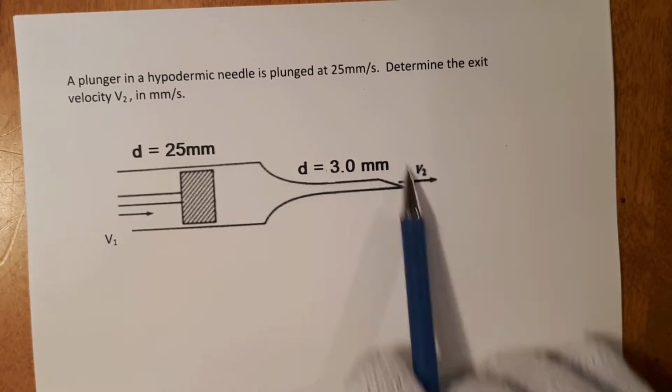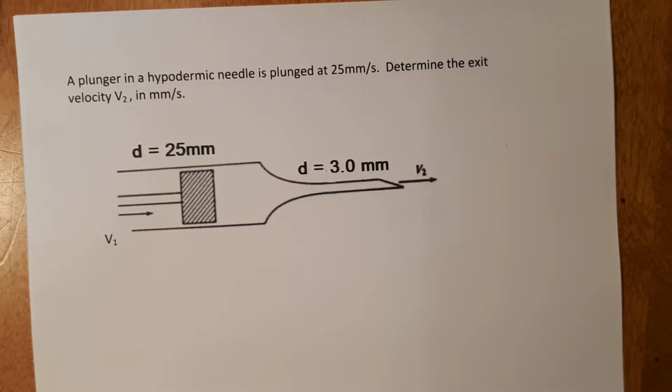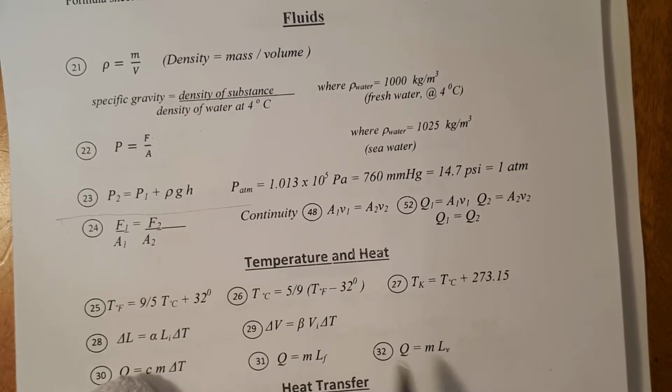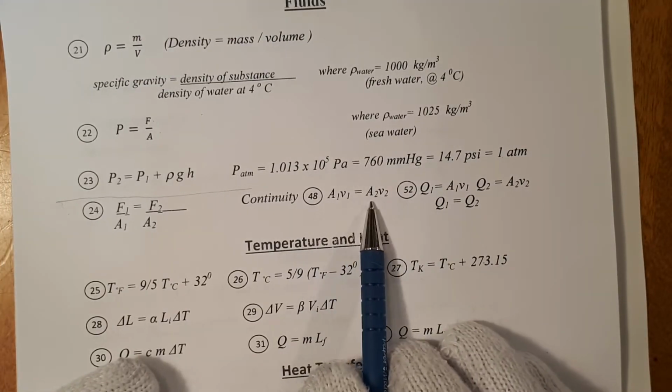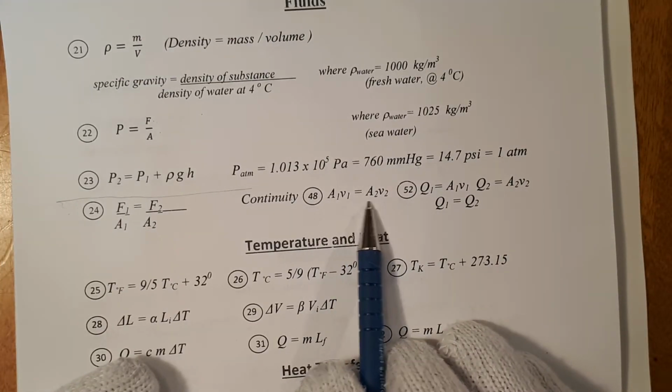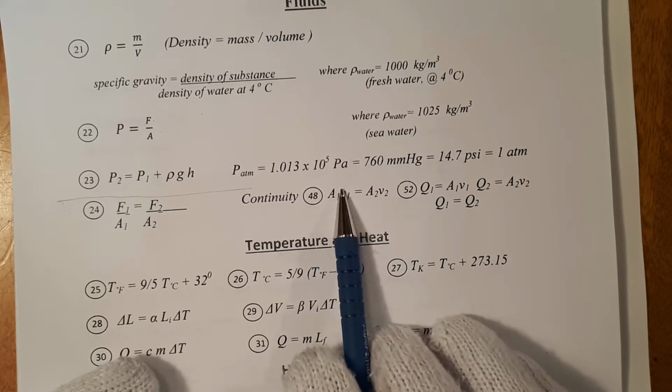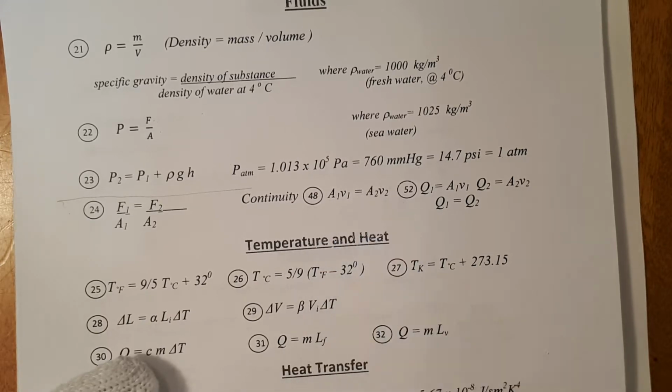Let's look at our equations that we want to use for this. This would be a classic example for the use of the equation of continuity, this one here. And this basically states the fluid in must equal the fluid exiting.